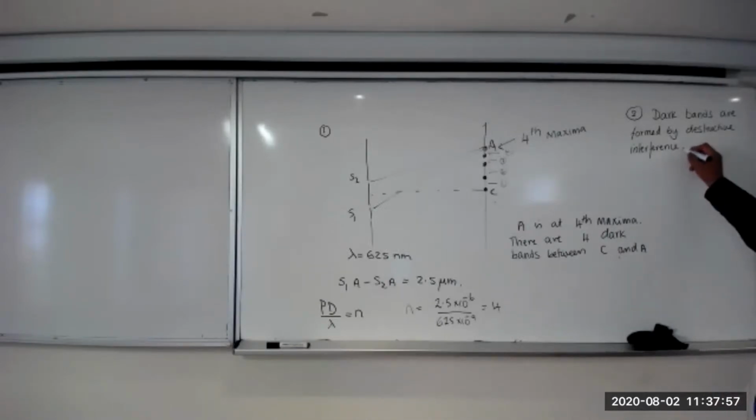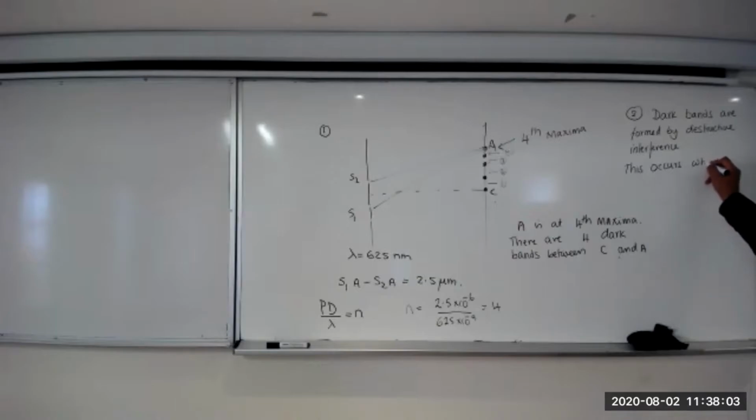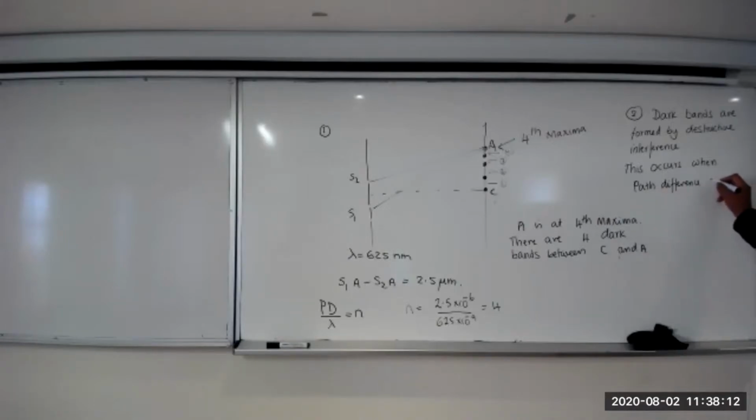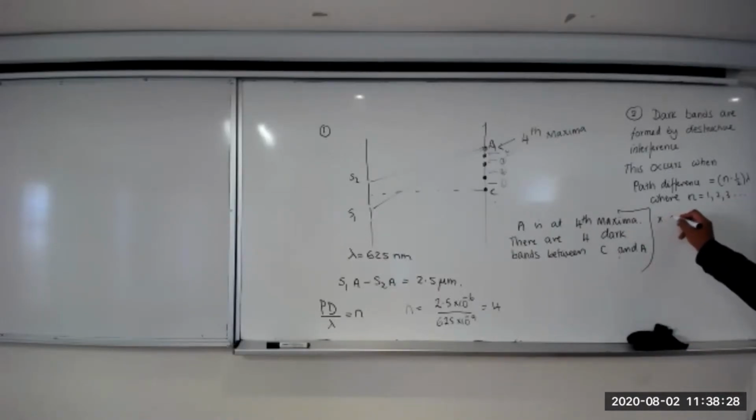Destructive interference occurs when the path difference becomes (n minus half) lambda, where n equals 1, 2, 3, and so on. We can say it's a nodal point, where the crest overlaps with the trough.